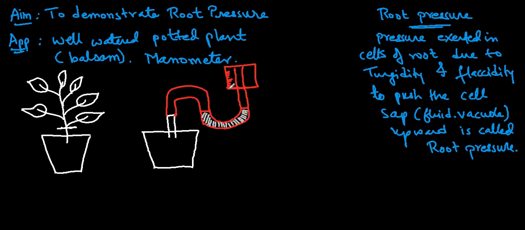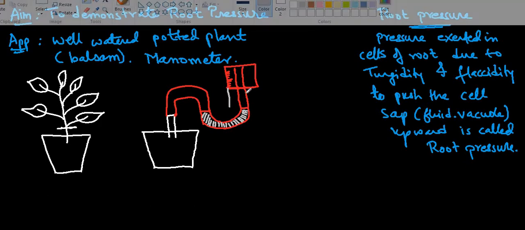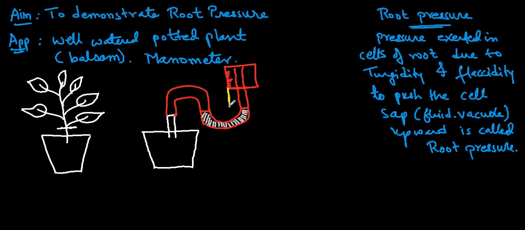So we can measure the level of mercury here on the scale. I'm not drawing completely, but it is just an assumption that there is a scale behind it. A manometer is there and the mercury is there inside the tube.